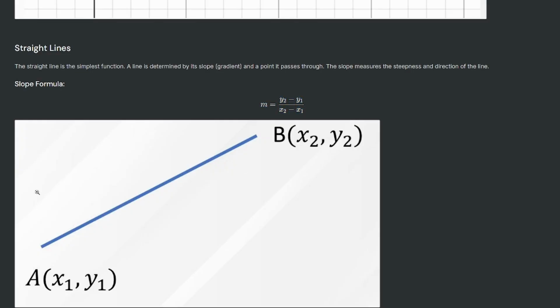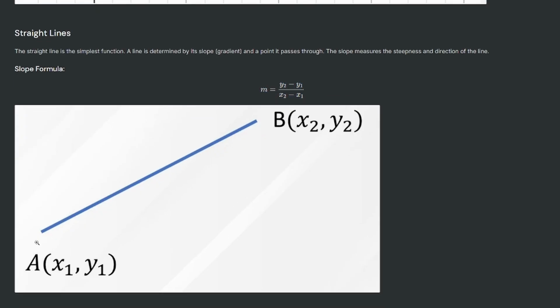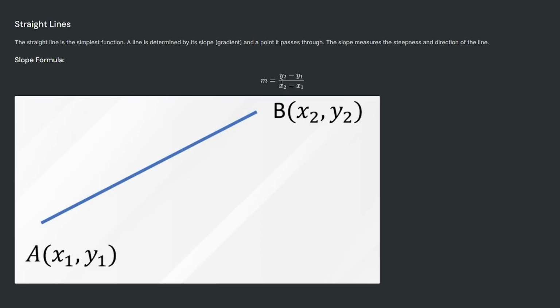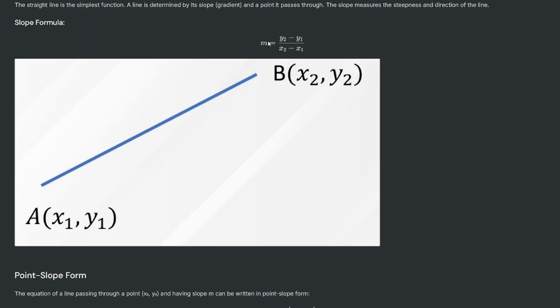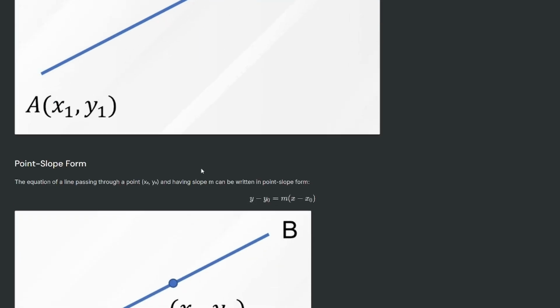For example, for the straight line from A to B, we are given 2 points A and B. The value of A is x1 comma y1, and B is x2 comma y2. So we can find the slope by using this formula, y2 minus y1 divided by x2 minus x1. This is the formula for any 2 points of a given line.